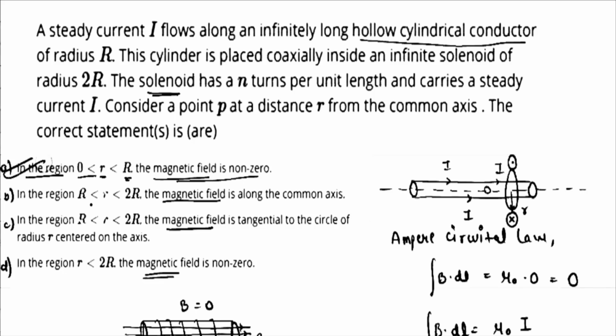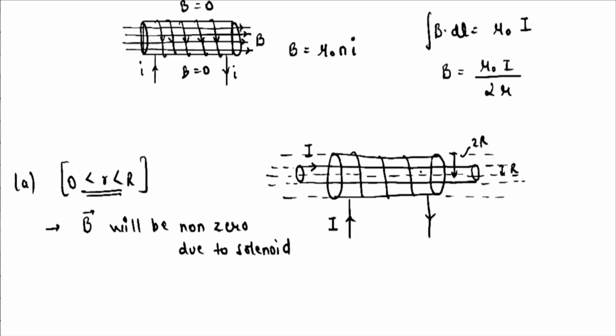In statement B we are having, in the region from small r, capital R to 2R, the magnetic field is along the common axis. Okay, now see, for this part we have this point. Let's say this point is P. Due to the hollow conductor the magnetic field at this point would be dot polarity.